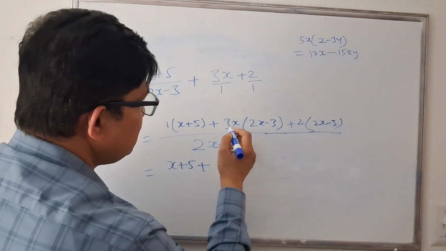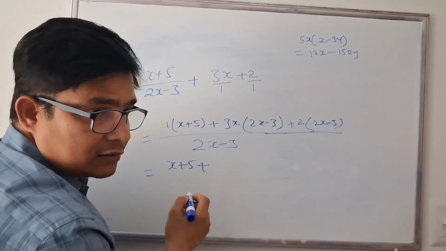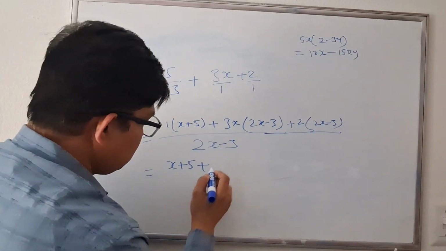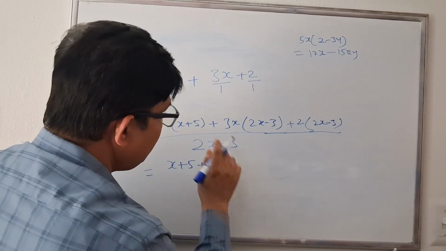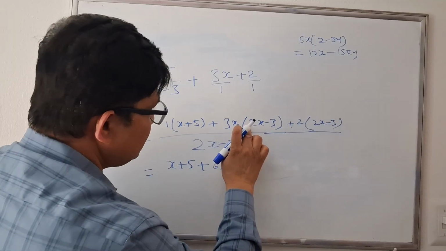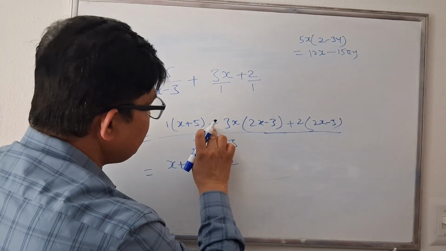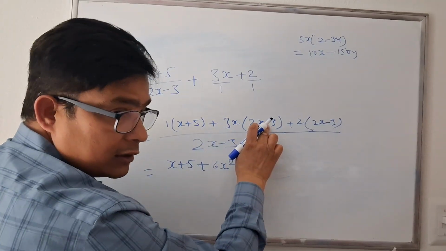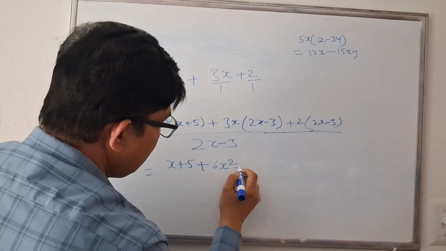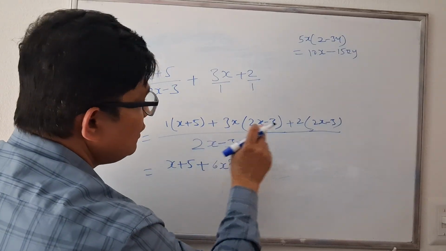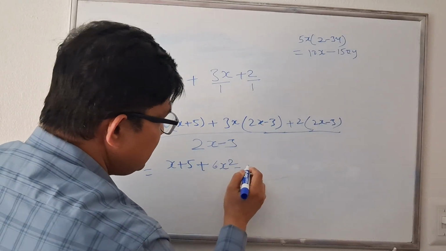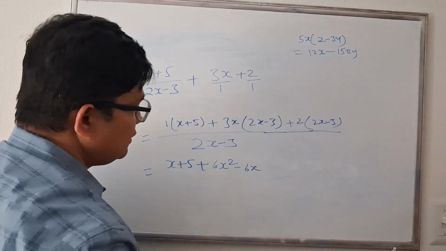So 3x times 2x, 6x square. Okay, and this has plus sign, it also has plus sign. So plus sign. This has plus sign, this has minus sign, so that will become negative sign, and 3 will be multiplied to 3, which is 6, and x will remain x.